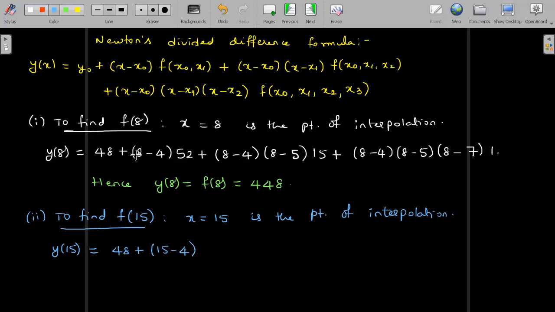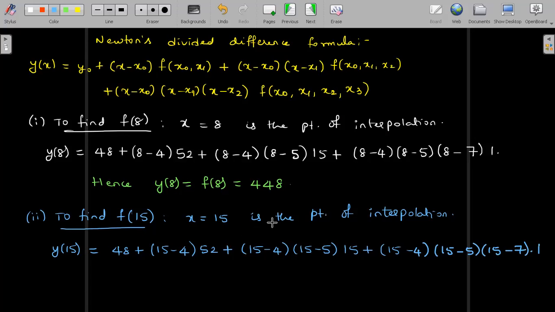Instead of 8 here, everywhere we have to use 15, that's all. 15 minus 4 multiplied by 52 plus 15 minus 4 multiplied by 15 minus 5 into 15 plus 15 minus 4 into 15 minus 5 into 15 minus 7 into 1.